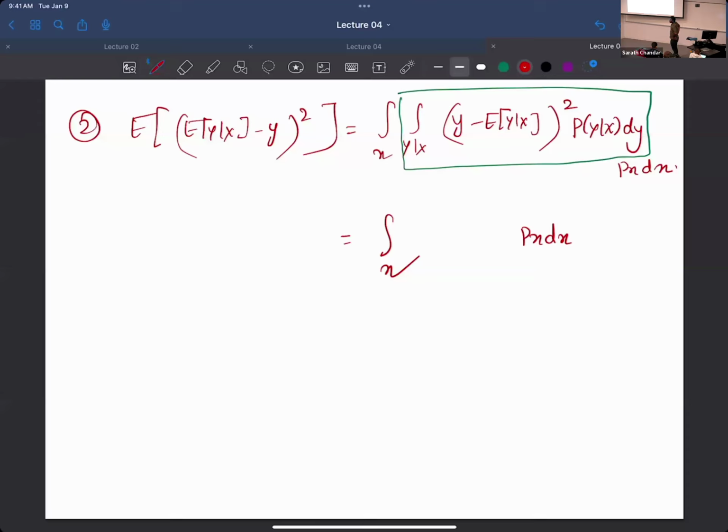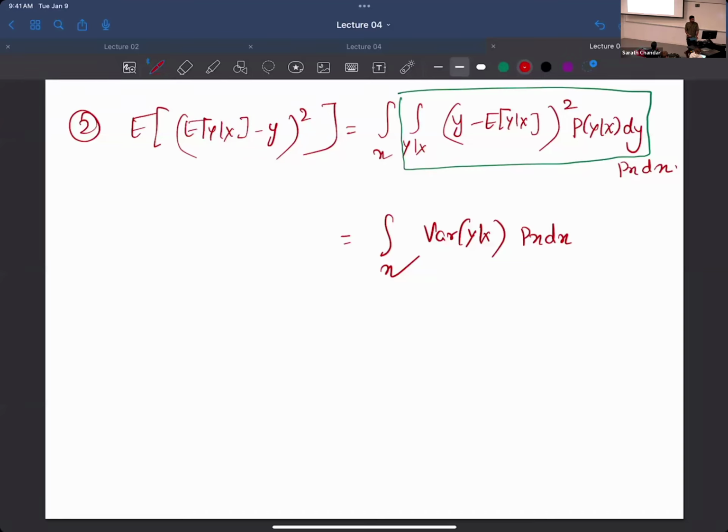It is the value minus the mean, the whole square, integrated against the distribution. You did a probability review class, right? Yeah, this is just the definition of variance. So this is basically the variance of y given x, times p of x dx.